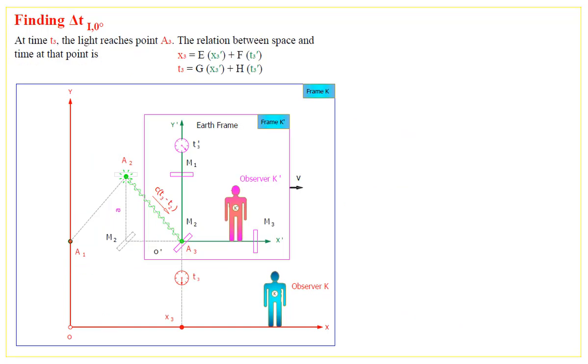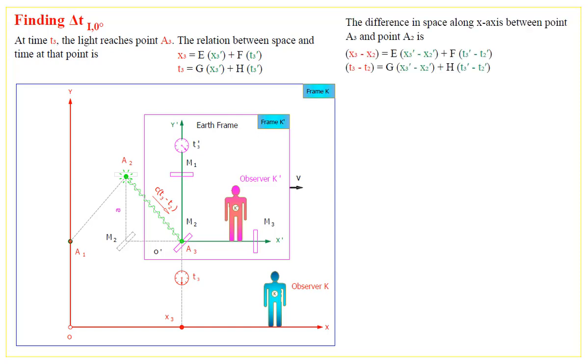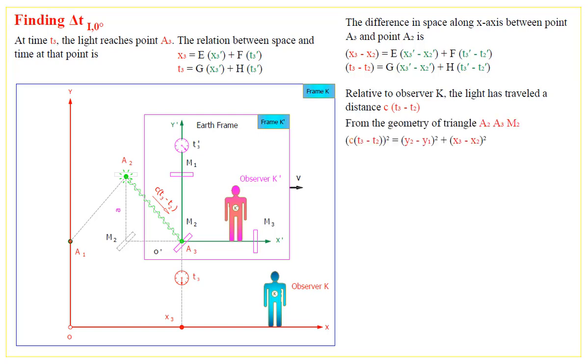At time t3, the light reaches point A3. The relation between space and time at that point is. The difference in space along the x-axis between point A3 and point A2 is. Relative to observer K, the light has traveled a distance c times t3 minus t2. From the geometry of triangle A2, A3, M2.